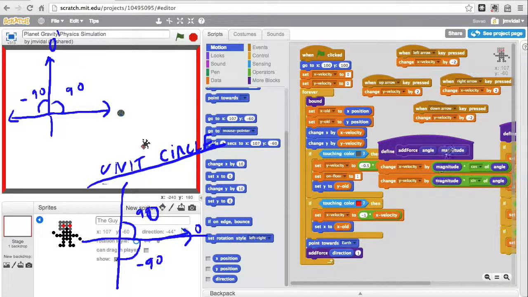If I just put in direction as the angle, that doesn't quite match, because in Scratch, 0 means the guy's pointing up. I really wanted it to say 90, because when I apply the cosine, up is 90. This direction, straight up, plus 1 in the x direction, is 90.